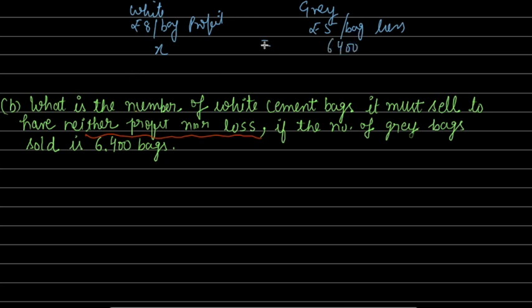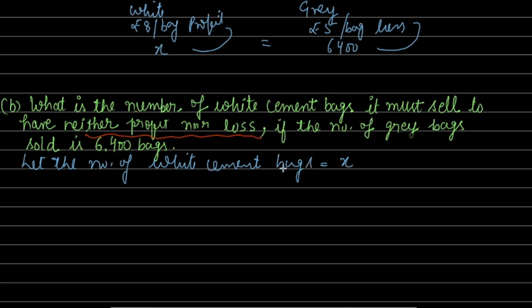So if you multiply this with this, again it will give you the total loss, and this with this will give you the total profit. And if I equate them, we can find the value of x. How? So let's first write, let the number of white cement bags be x. You have to assume a variable because this is something which you have to find.